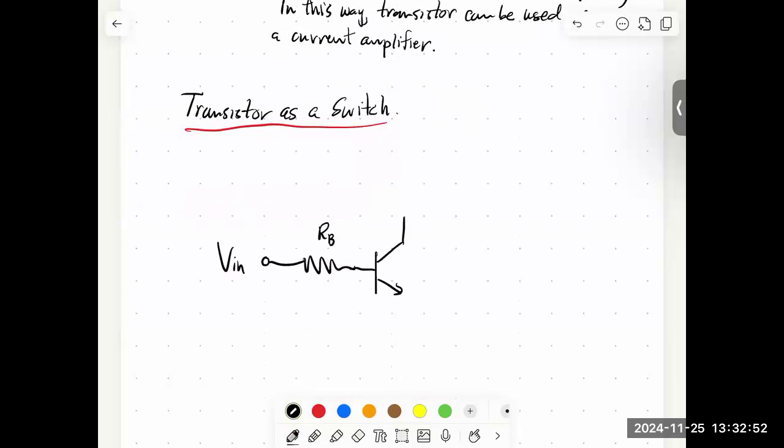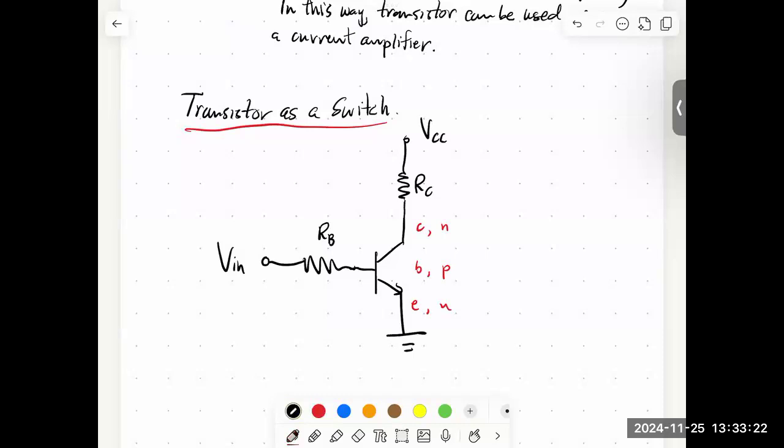We will take our collector over here. Here's RC, and I'm going to call this VCC. We will connect our emitter to ground, like so. And so this is collector, base, emitter, and it's also NPN.